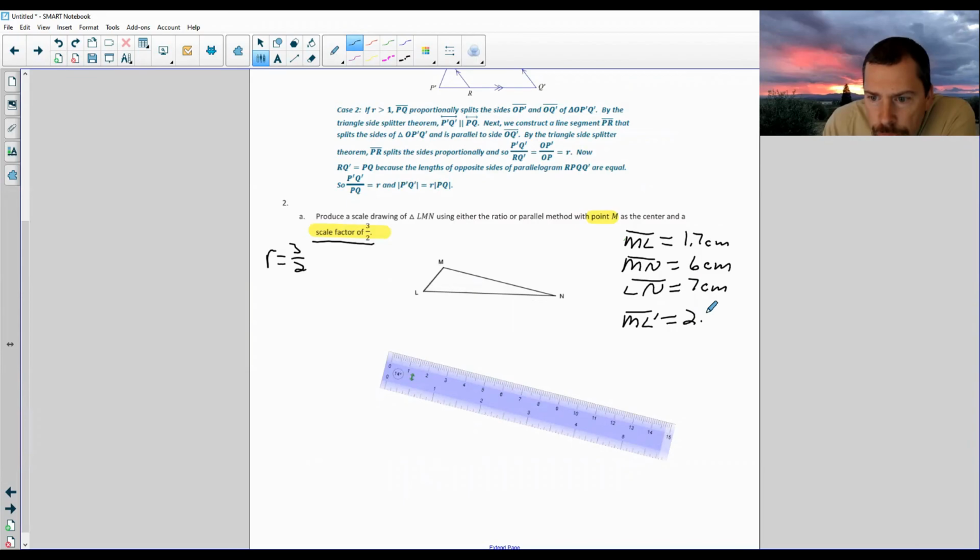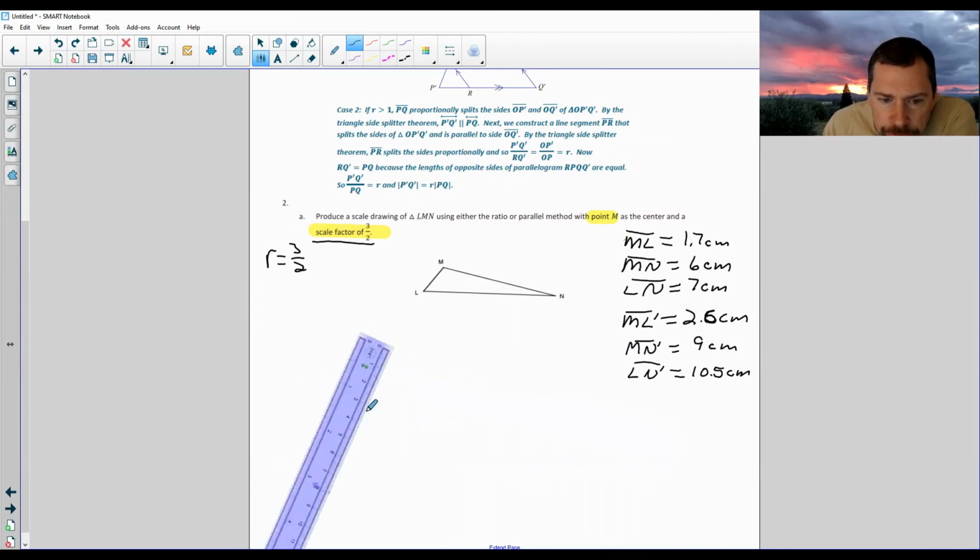So I'll just say 2.5 or 2.6 centimeters, because it was 2.55, in between 2.5 and 2.6. MN has to equal 6 times 3 is 18, divided by 2 is 9 cm. And LN has to equal 7 times 3 is 21, divided by 2 is 10.5 cm.